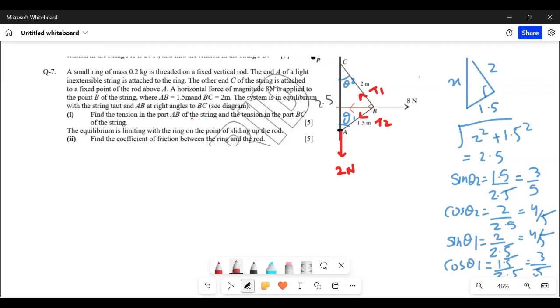Instead, I'll make the vertical one here. So this component is opposite to theta 2, which means it's the sine component. That's going to be T1 sine theta 2. And the other one is going to be T1 cos theta 2.